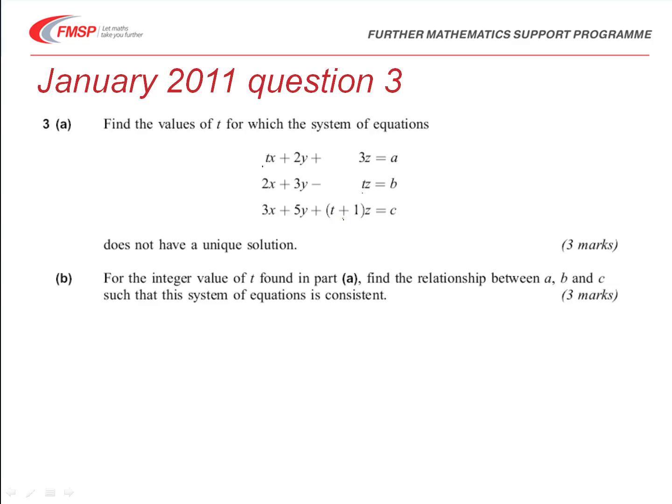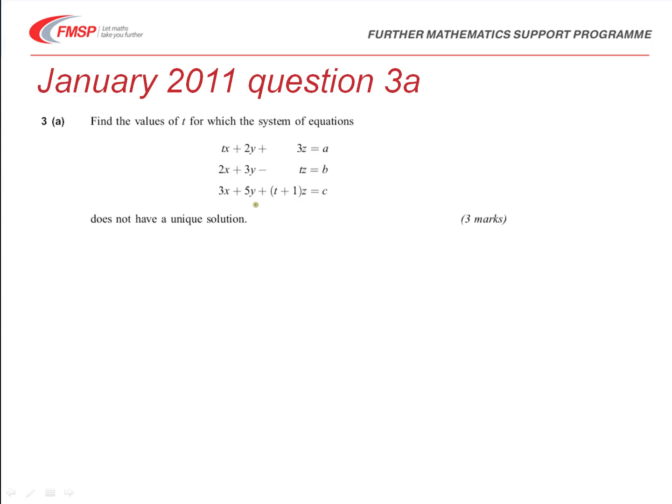So if the matrix does not have an inverse, then the determinant of that matrix must be 0. Having found those values of t, for one of them we then find a relationship between a, b and c, so the system of equations is consistent, that is, it has an infinite solution of some sort.